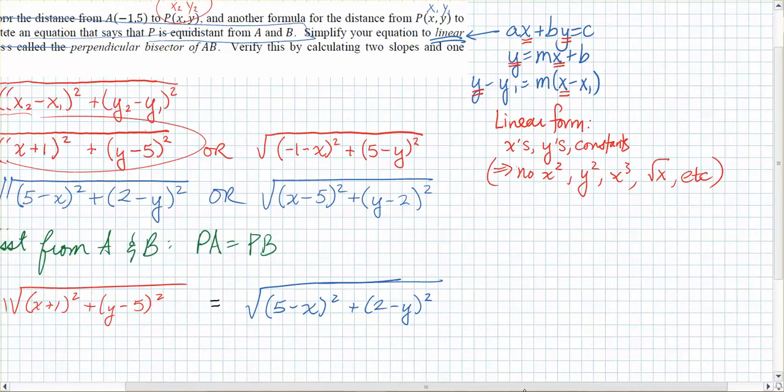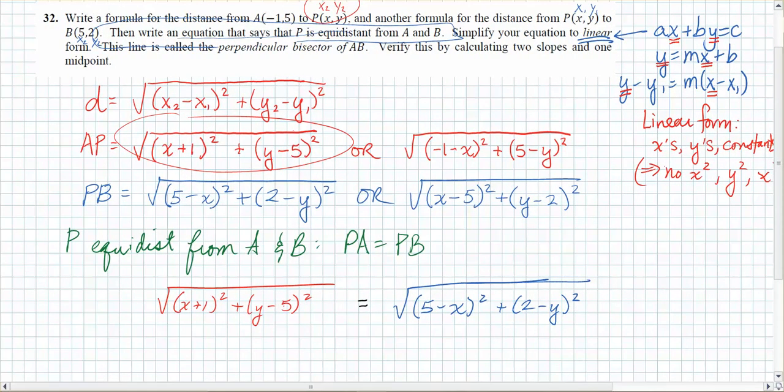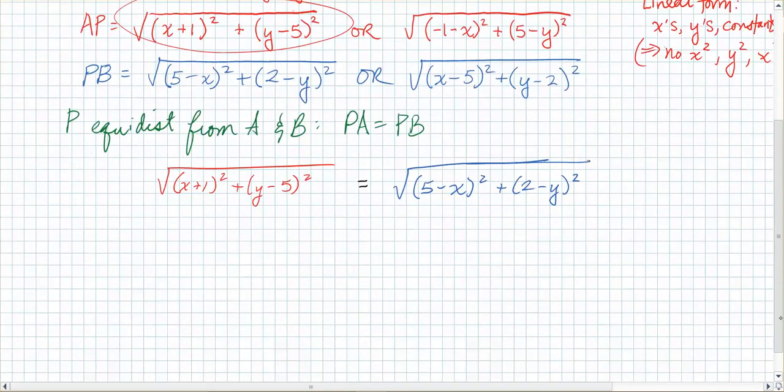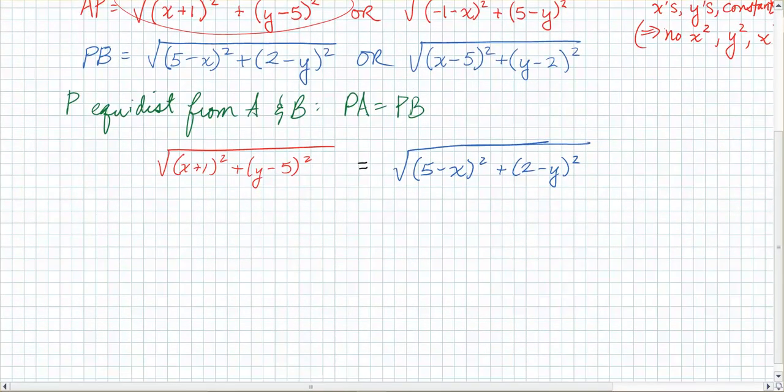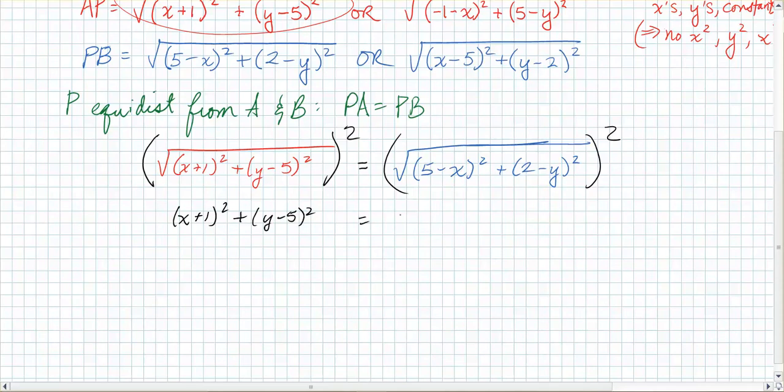Okay, so it says simplify the equation for the equidistant stuff to linear form. One way to start is to square both sides to get rid of these roots. So then I've got x plus 1 squared plus y minus 5 squared equals 5 minus x squared plus 2 minus y squared. And in the next step, I'll actually multiply out x plus 1 times x plus 1, y minus 5 times y minus 5, and so on.